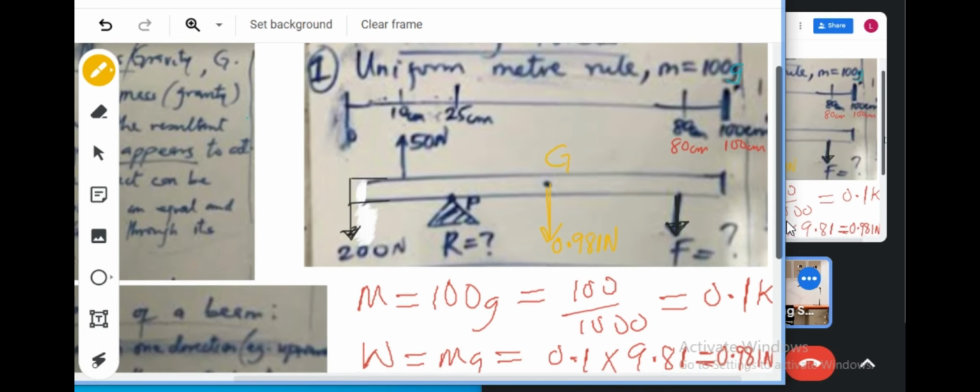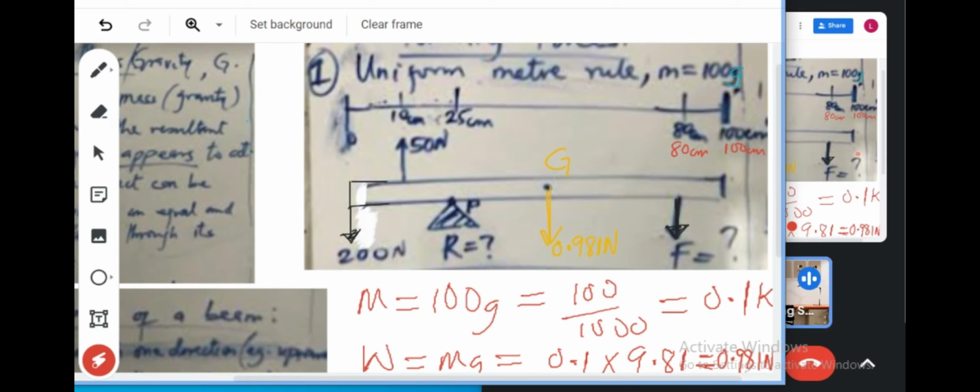Now let's start solving. What are we asked to find, by the way? Find the value of F and the value of the other unknown. Shall we go? I gave you two conditions for equilibrium. Can you remind me?